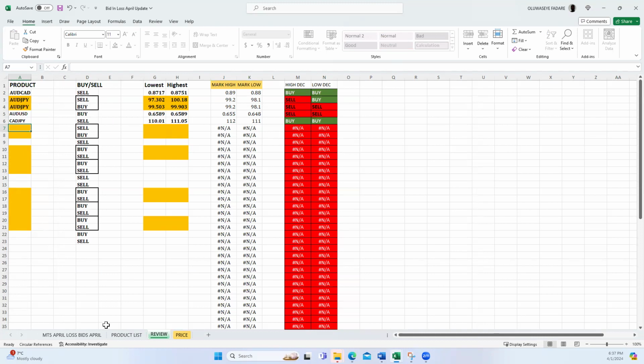So for now, the market trend for CAD JPY is a buy, but we have a safe point to sell from 110.01 or from 111.05, either of the two. It gives a safer mode, but we can start selling from 111.05. But for now, the CAD JPY market trend is a buy.